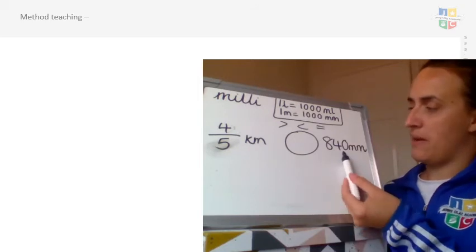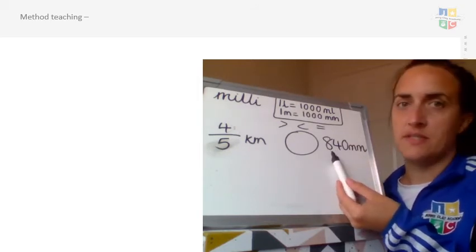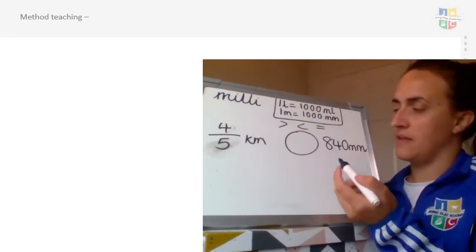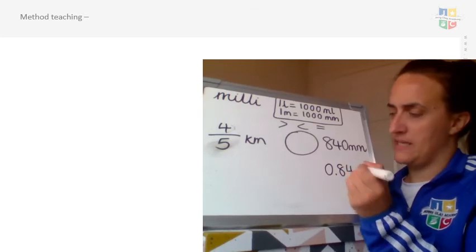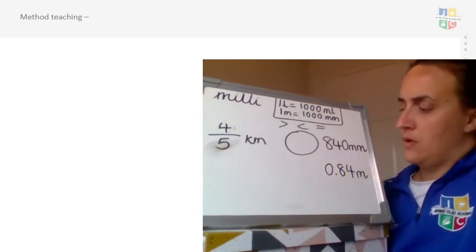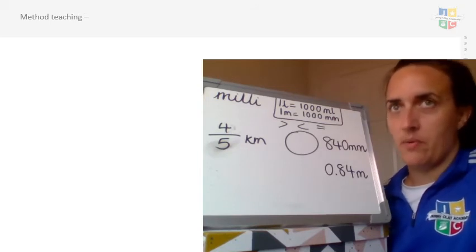So first of all, I'm going to make my millimetres into metres by dividing by 1,000. So that means that this is the same as 0.84 metres. And now I want to make my kilometres into metres, which is the learning we were doing yesterday.